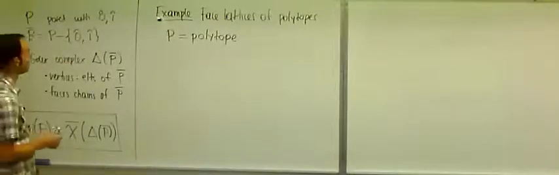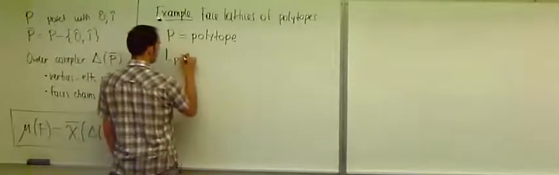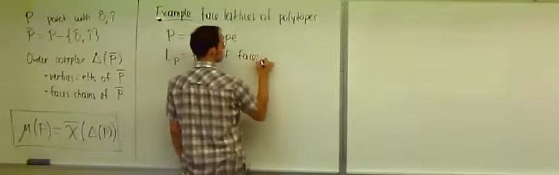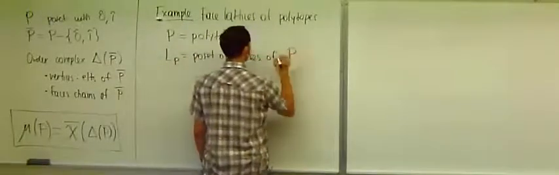I guess it's a little bit unfortunate that poset and polytope both start with P, and so I'm calling both of these things P. But P is a polytope, and LP is going to be the poset of faces of P ordered by containment.